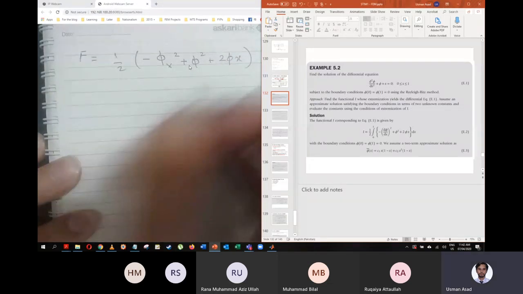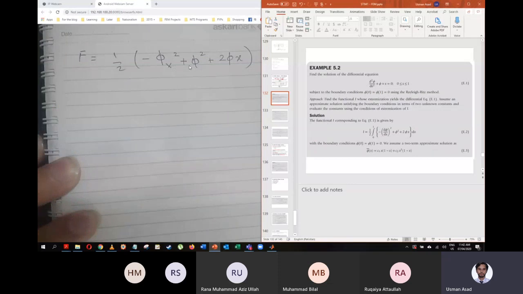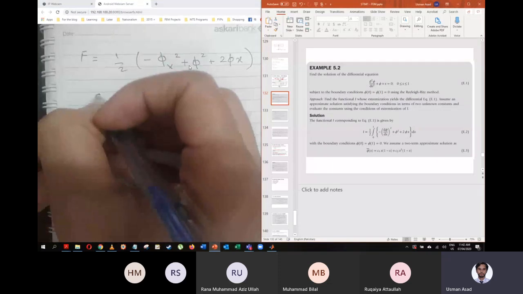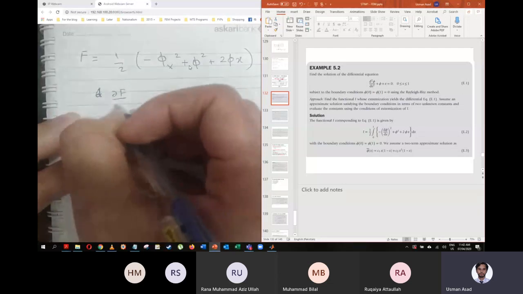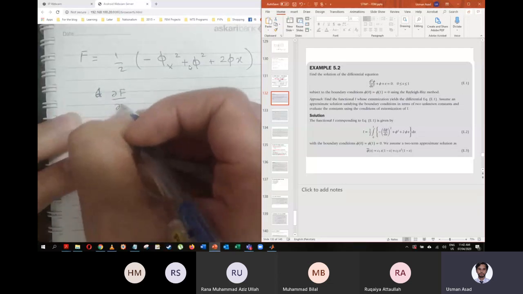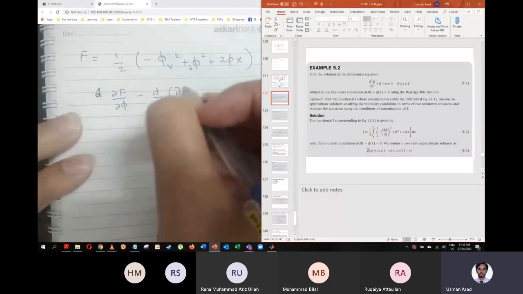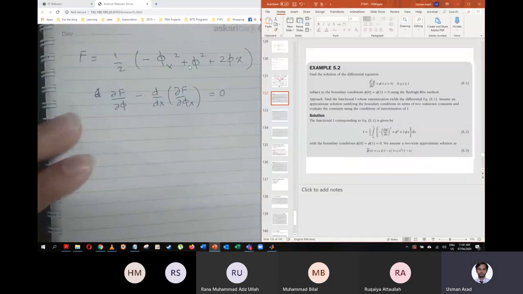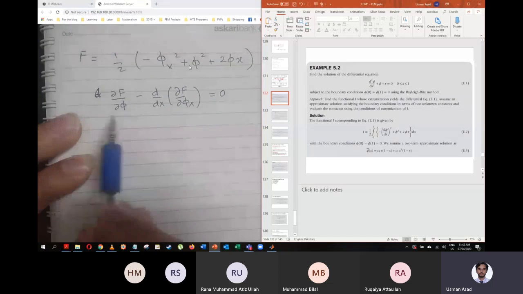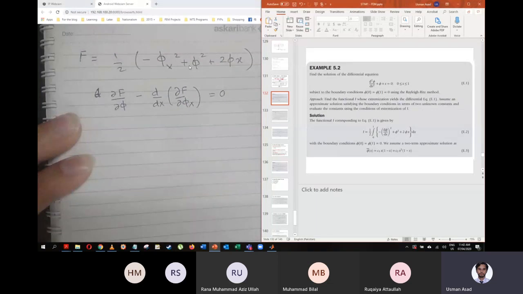Then using this in the Euler Lagrange equation, and I'm just going to write the first two terms because the third term is not appearing, which is partial f by partial phi minus d by dx of partial f by partial phi x is equal to 0. If I plug this f into the Euler Lagrange equation, where I deleted the phi x term because f doesn't have phi x in it, I should get my differential equation, which was my original problem, right?